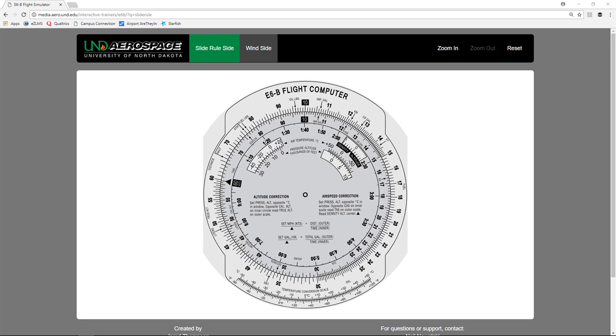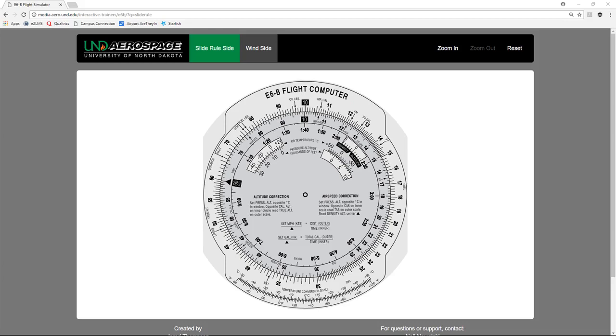A fairly easy way to do that: you'll notice that we have our statute and nautical mile arrows that we've used previously up here on the A scale, and we also have an arrow for kilometers on the A scale as well.